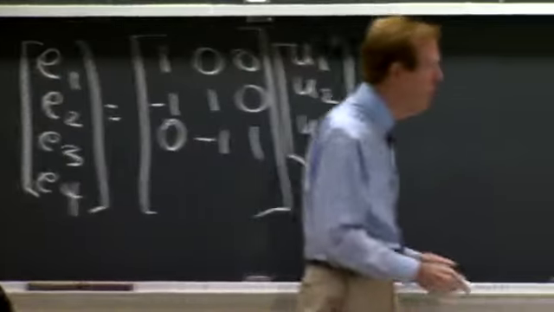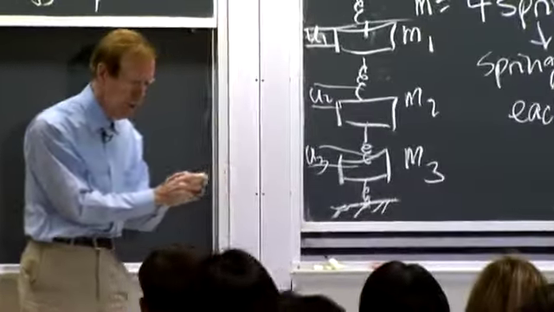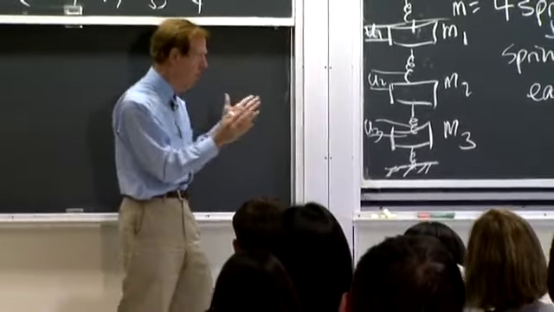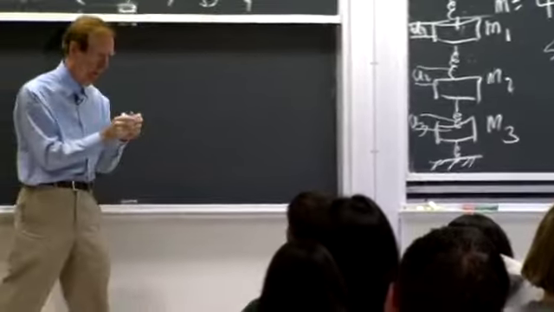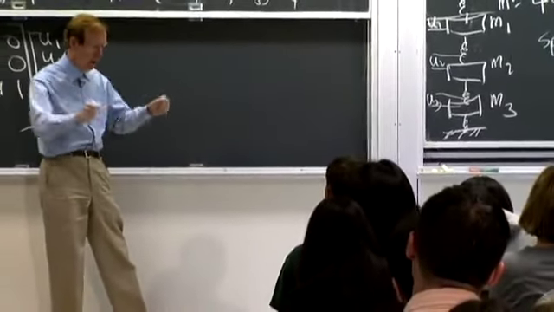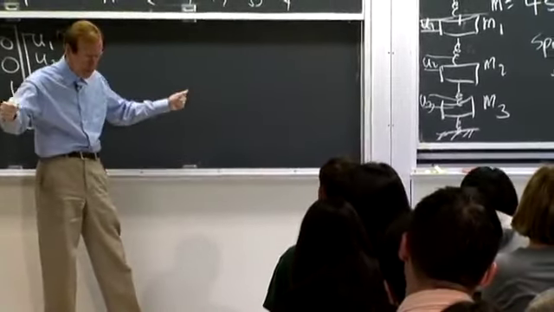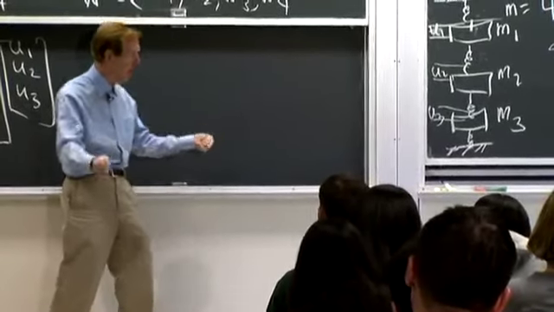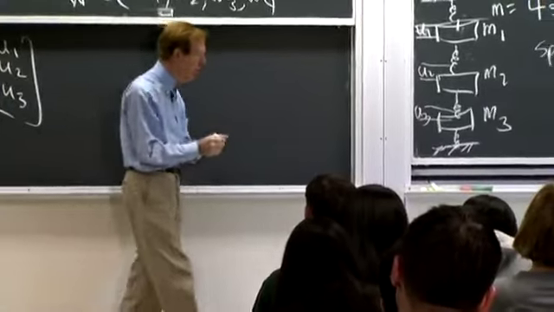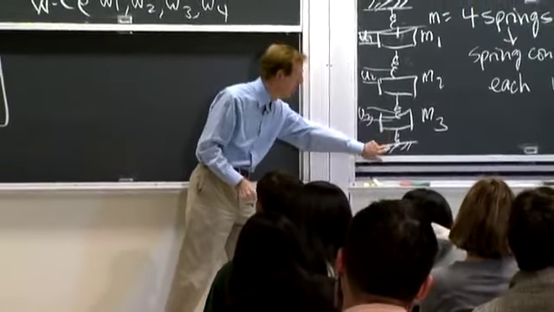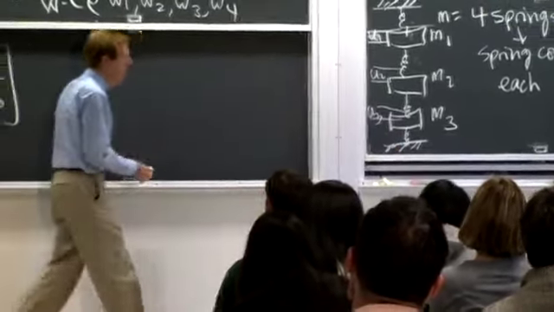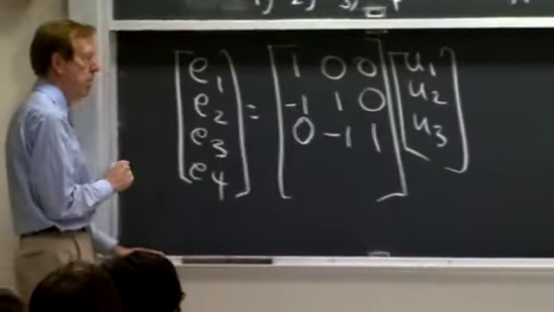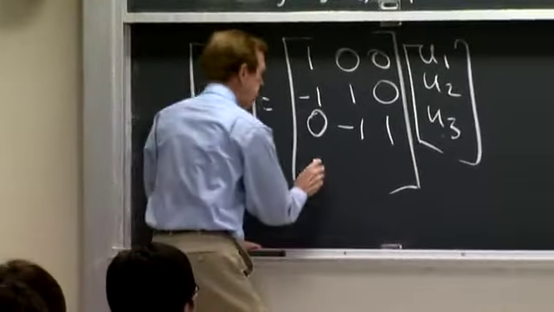Again, mentally we've given a plus sign when the spring is extended, and a minus sign when it's compressed. Plus for tension, minus for compression. Since I fixed that one, U4 was 0, so what do I have in this last row? Just minus U3.